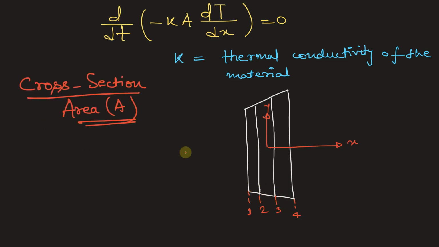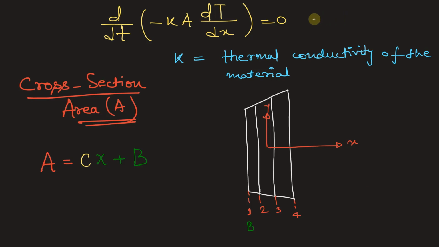Since the variation is linear, we can write the cross-sectional area as some constant C multiplied by x, plus some constant B. B is the intercept, and it is also the initial area. Suppose the area at section 1 is B, so C x is the variation of area throughout sections 2, 3 and 4.